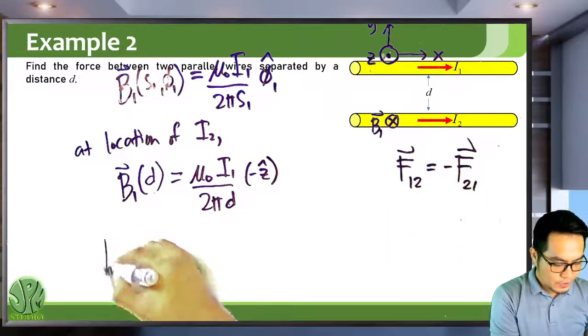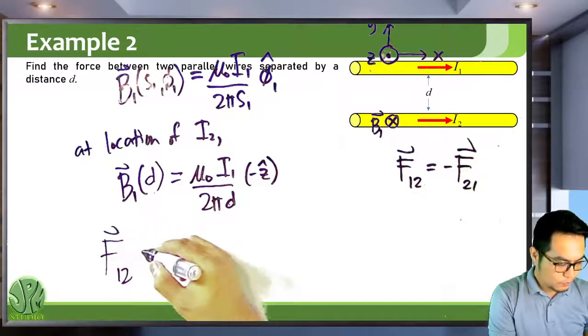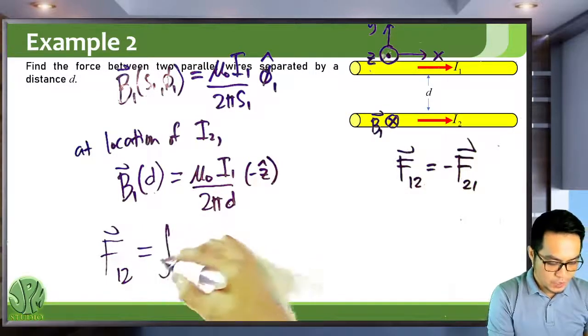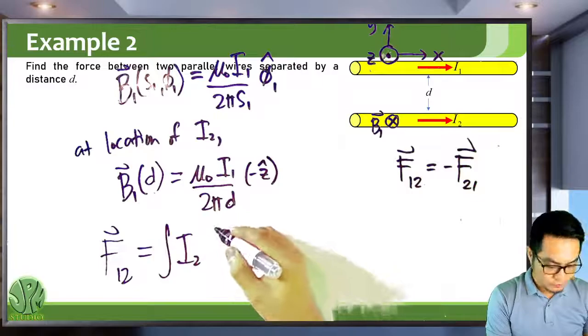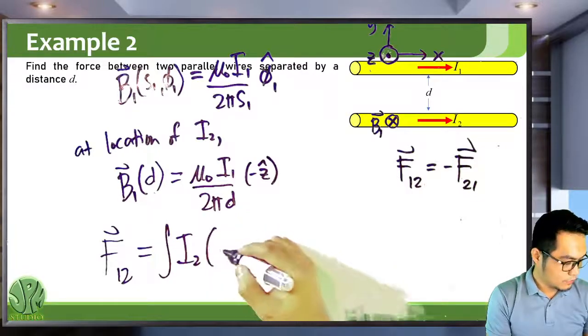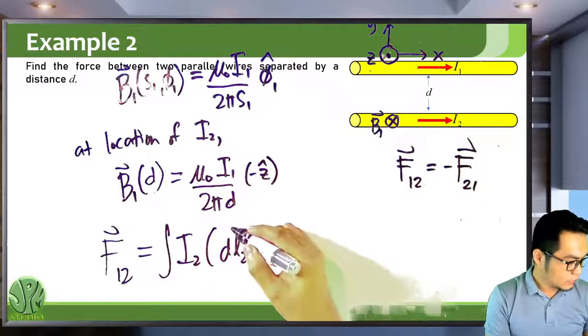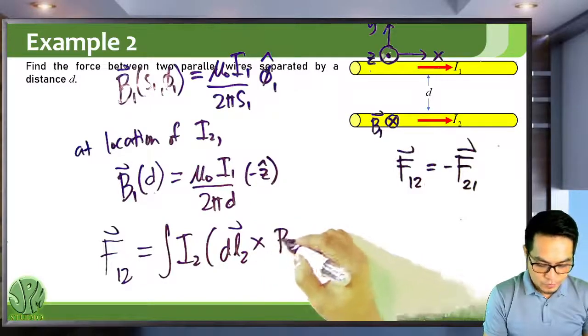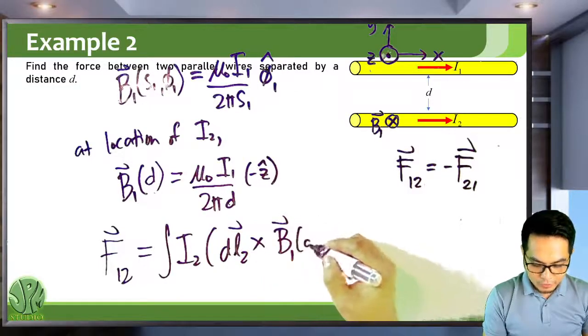So the force exerted by 1 on 2 will now be I2 integral of dL2 cross B1 at point d.